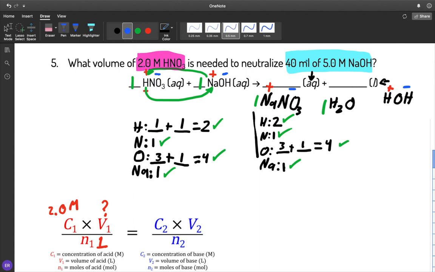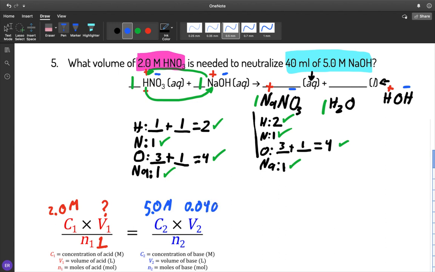For our base, our concentration is 5.0 molar. Our volume, remember, this is in milliliters, but we need it in liters. So we're going to take 40 and divide that by 1,000. And that should be 0.04.